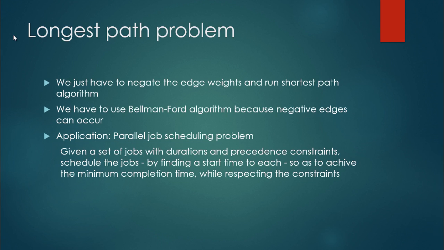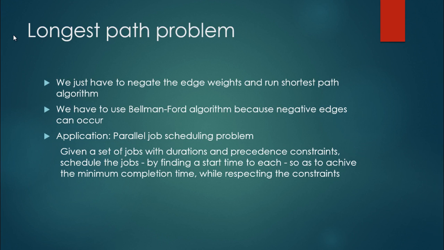Given a set of jobs with durations and precedence constraints, schedule the jobs by finding a start time for each so as to achieve the minimum completion time while respecting the constraints. For example, let's consider a factory where we have to engineer a whole car, and it takes some time to make the doors of the car.